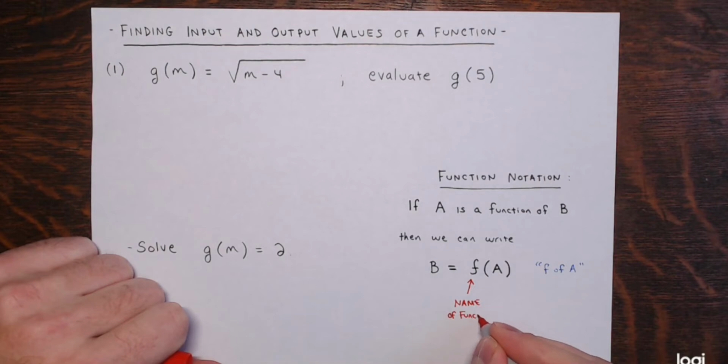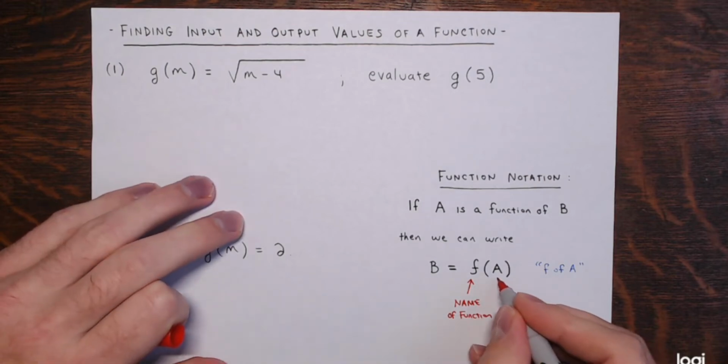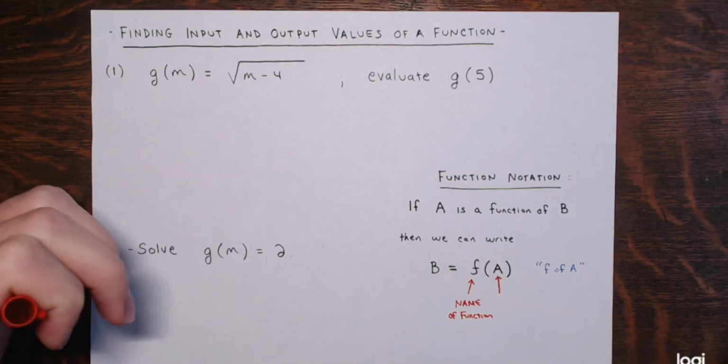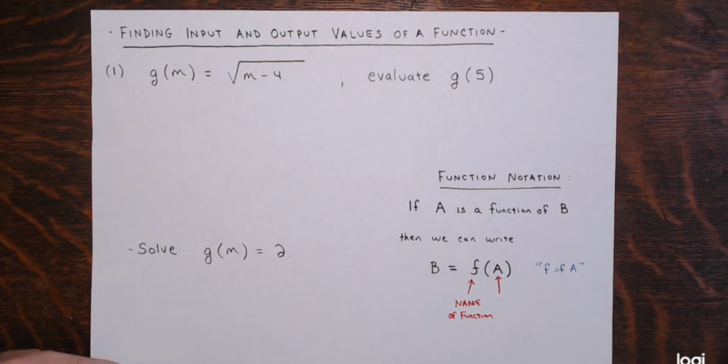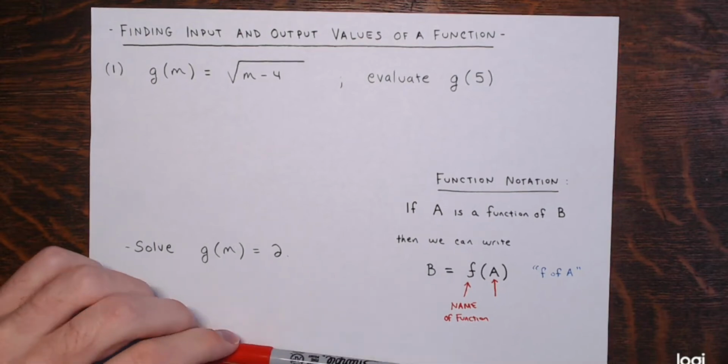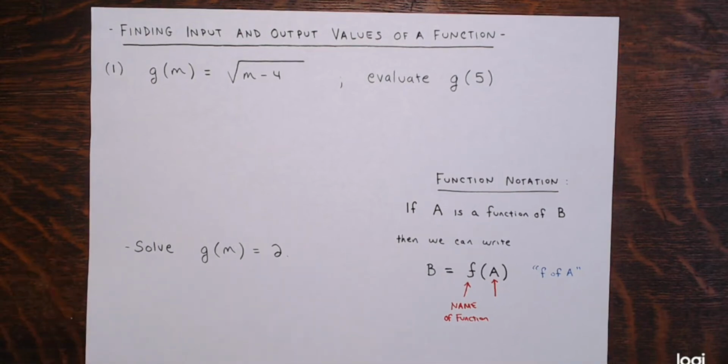So we have the name of the function, then the variable or variables. I mean, you can have functions of multiple variables. Now, in this algebra and trigonometry text, we're only looking really at functions of one variable.